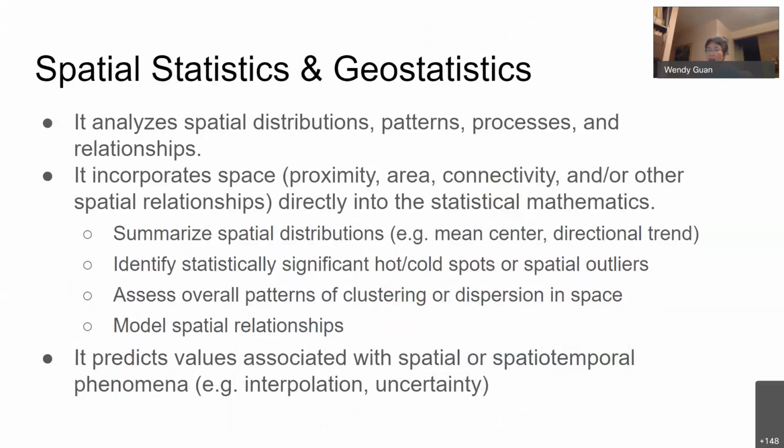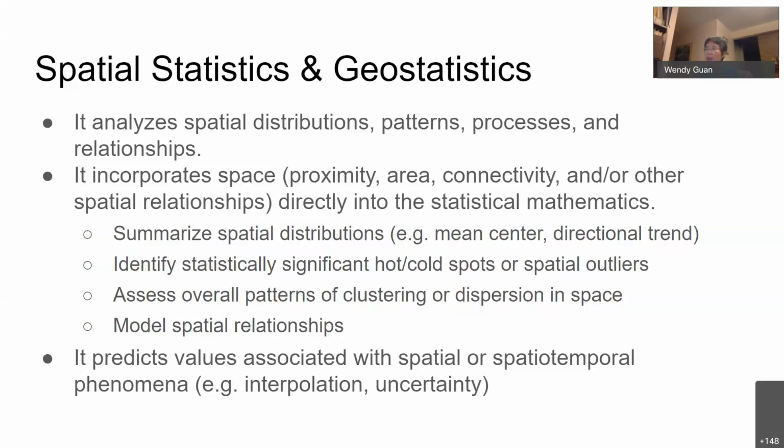So last is statistical analysis, spatial statistics and geostatistics. These are very special analyses that take space into consideration when exploring the data. Spatial statistics pretty much explores the data, and geostatistics predicts. So you explore such as the spatial distribution, like mean centers, directional trends.